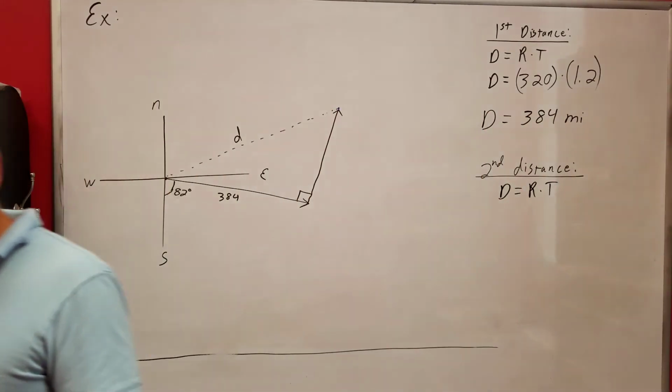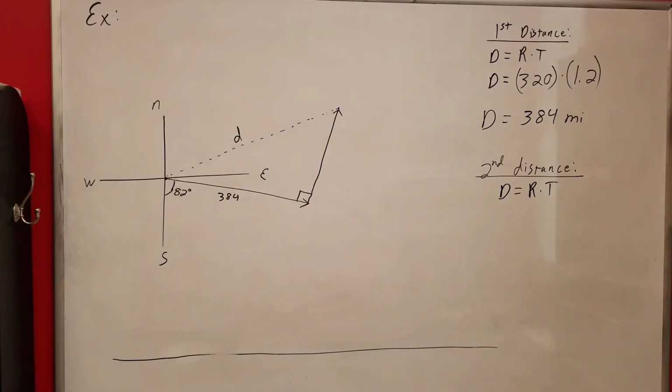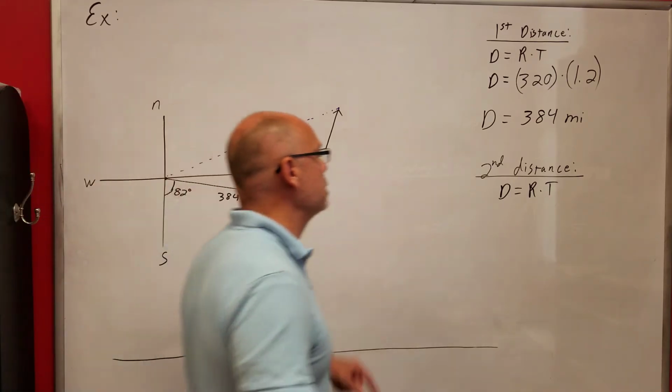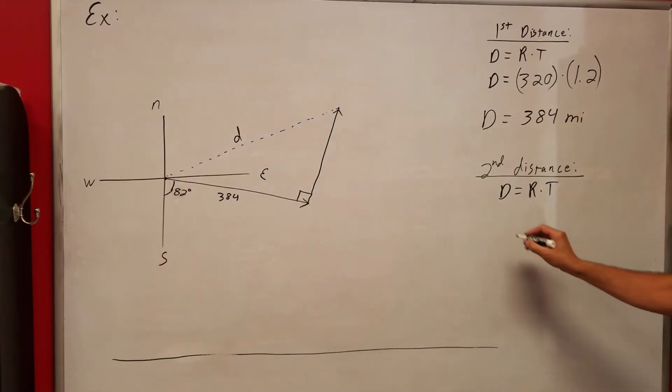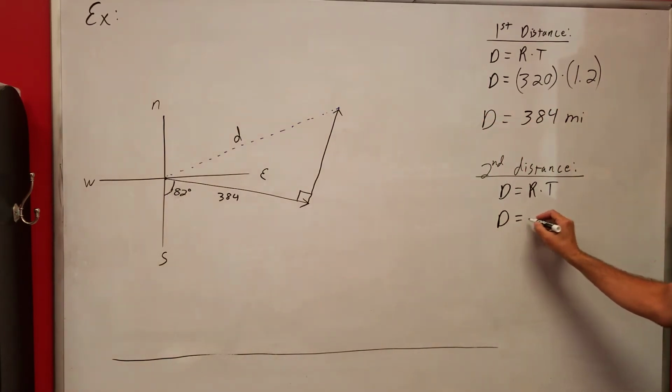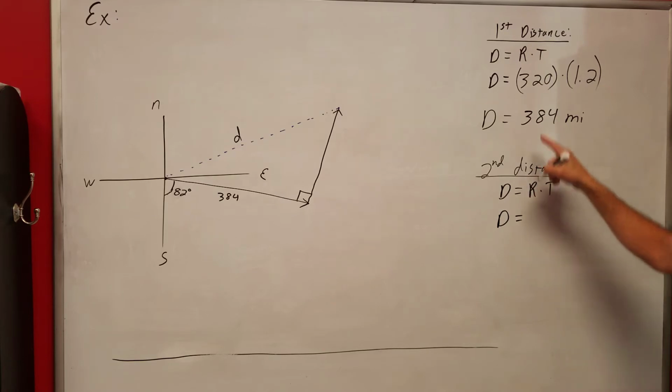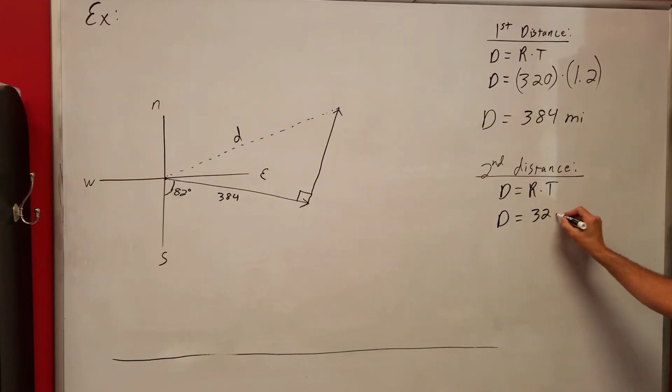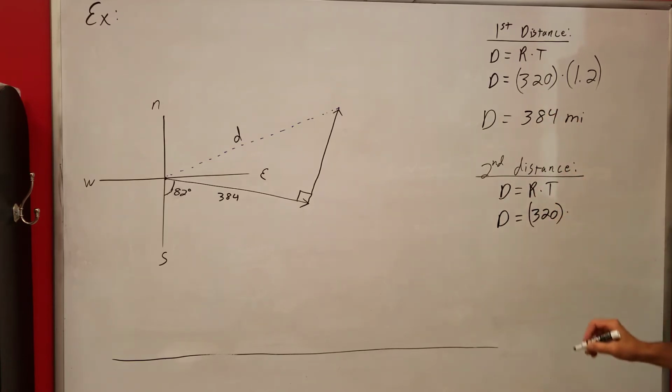Now, what does it say about that second distance? It traveled for 45 minutes. So I'm going to assume that it traveled at the same rate or the same speed, 320 miles per hour, times time. And it said 45 minutes.